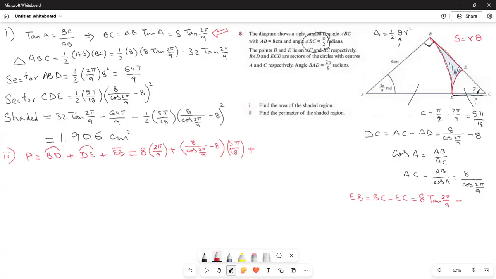This is my EC, this one. So it is 8 divided by cosine of 2 pi by 9 minus 8. So this is the minus EC part.